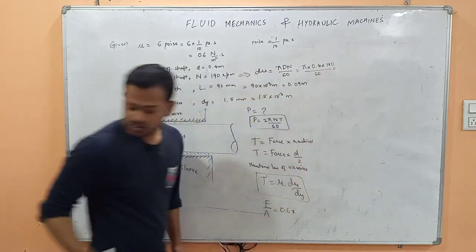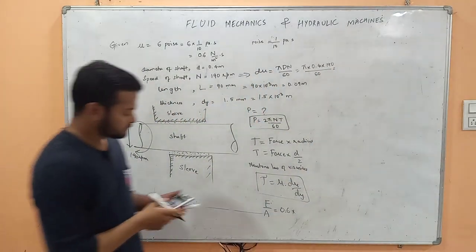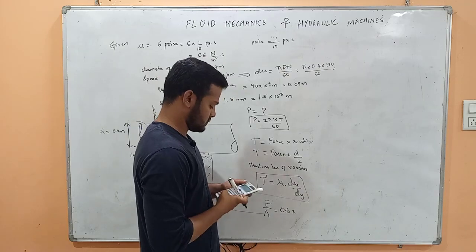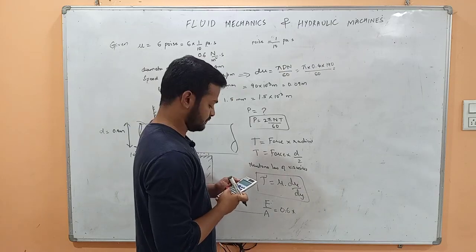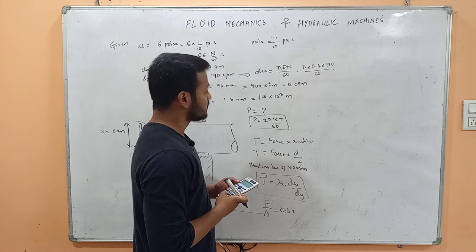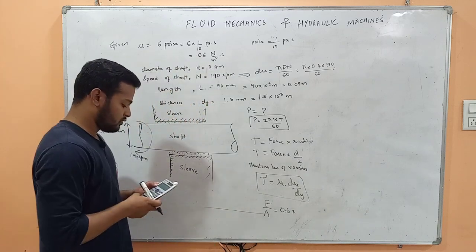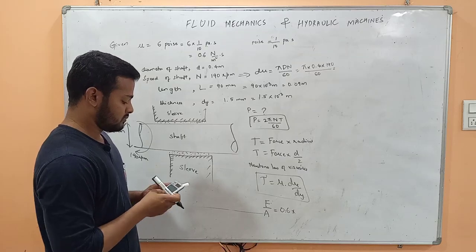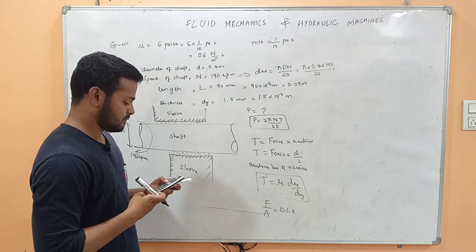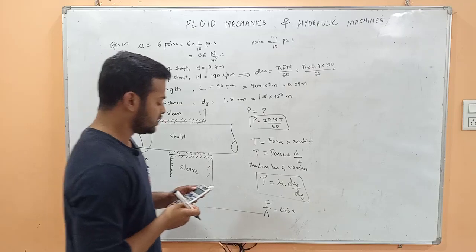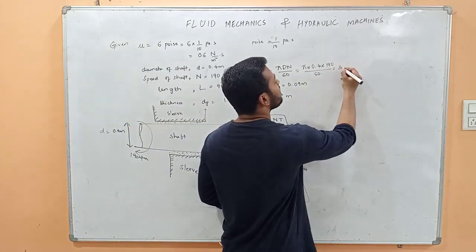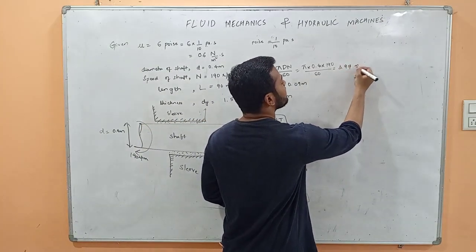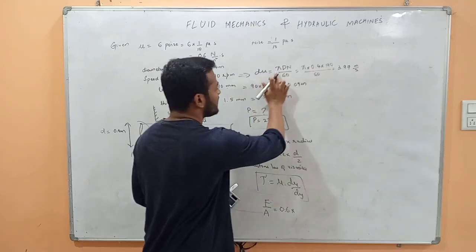You can find this value in the calculator: pi into 0.4 into 190 by 60. So you get the du value as 3.97 meter per second.